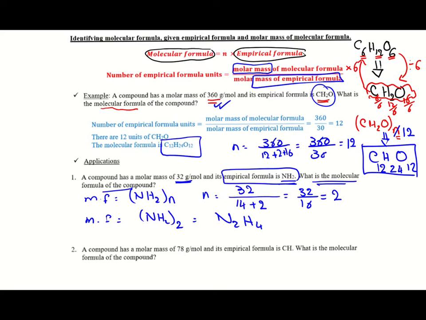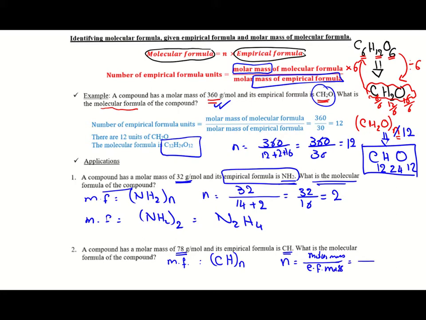And another example, a compound has a molar mass of 78 grams per mole. Its empirical formula is CH. What is its molecular formula? Molecular formula should be CH times N. N equals molar mass over empirical formula mass.